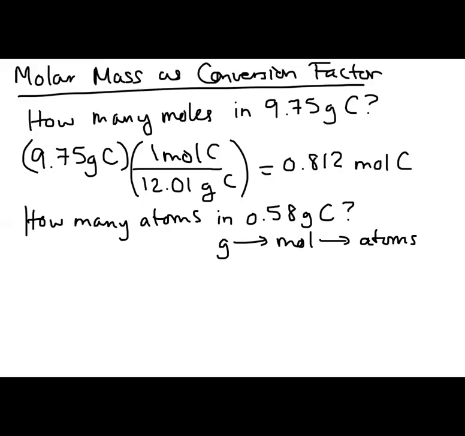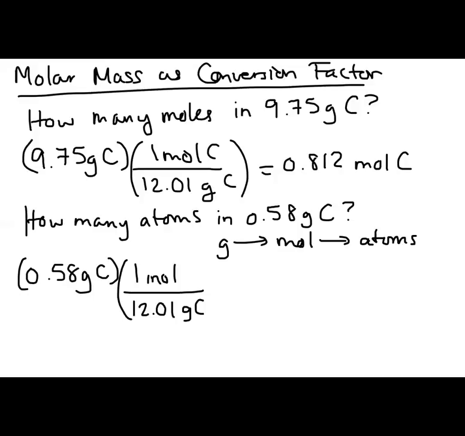So we're going to start with 0.58 grams of carbon. We're going to use our molar mass again, 12.01 grams of carbon per 1 mole of carbon.